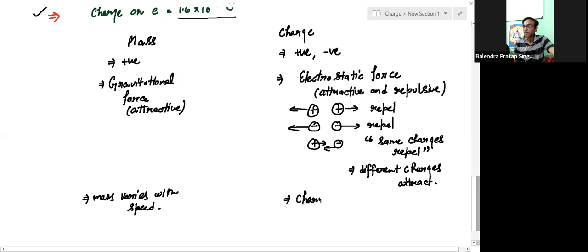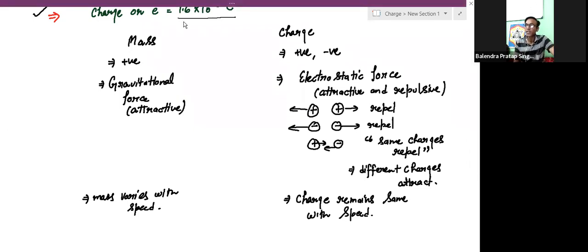This is a very small comparison between mass and charge.